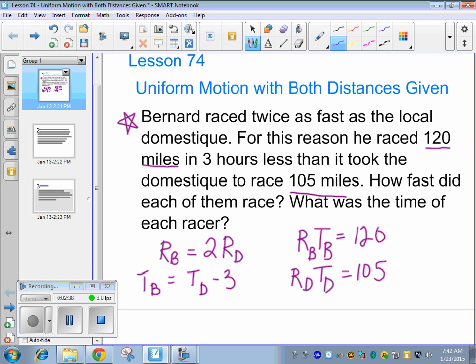All right, now we have what we used to have when we just did substitution with the double variable. So we've got RB by itself and TB by itself. So I'm going to plug this in for RB, and I'm going to plug this in for TB. Okay, both get plugged in.